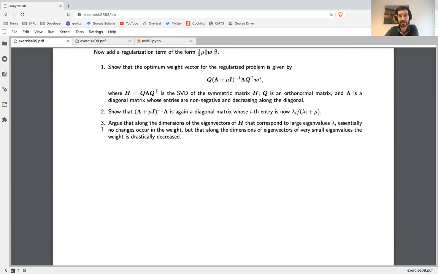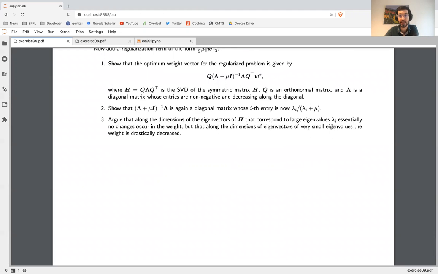And once we have seen this, this final exercise just tries to understand what this means in a practical case. So in particular, what we will assume is that we have different eigenvalues in the Hessian. And the question is, depending on the size of this eigenvalue, how much will the regularization term affect? And in particular, what we ask you to show is that for the largest eigenvalues, nothing would essentially happen.